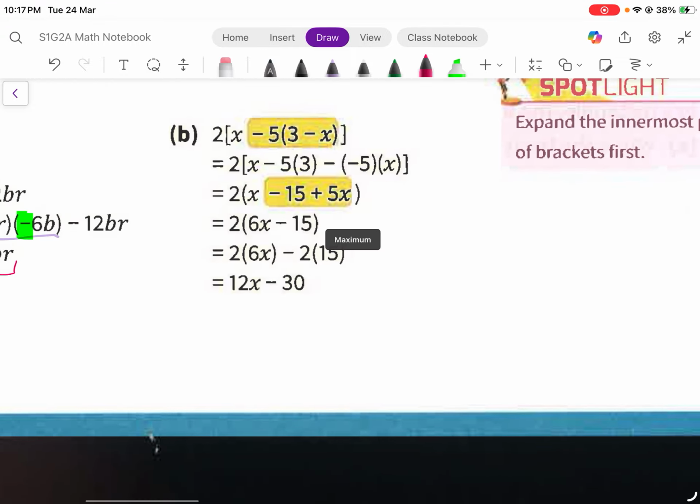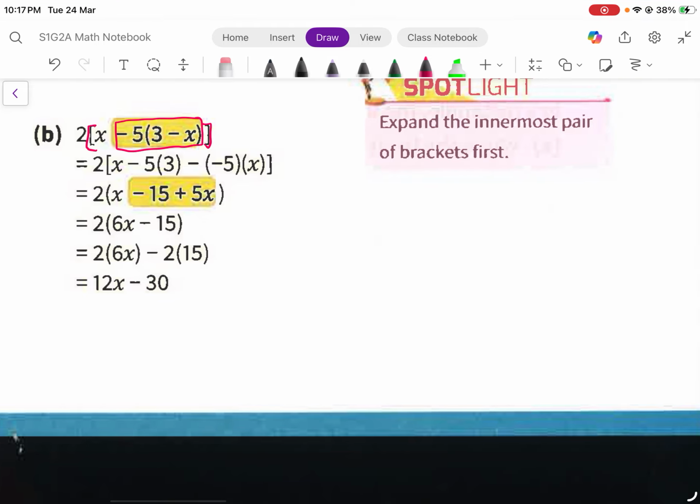Now the next one, because of the external brackets here, you need to resolve the internal brackets first. Okay, so I'm going to do part B. Now, so we have to resolve this first, right?